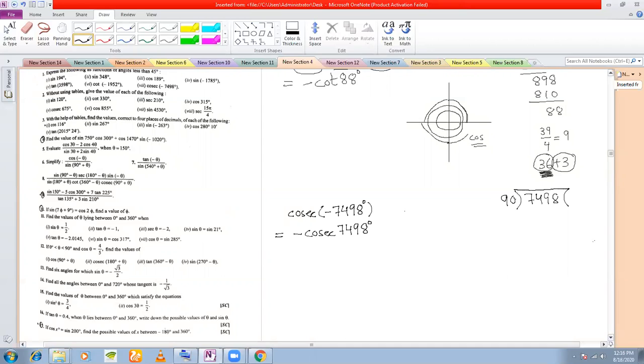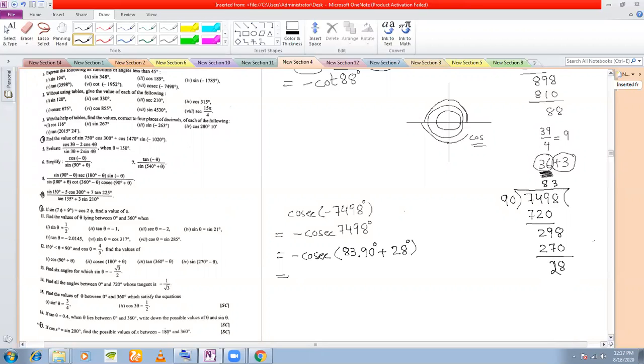How much will it divide by? 83. 83 times 90 is 7470, and the remainder is 28. So this can be written as minus cosec of 83 into 90 degrees plus 28.